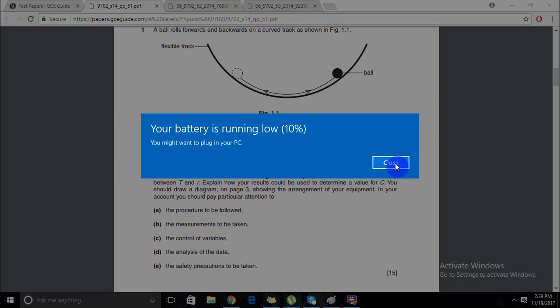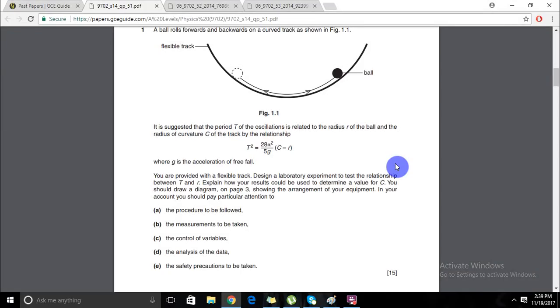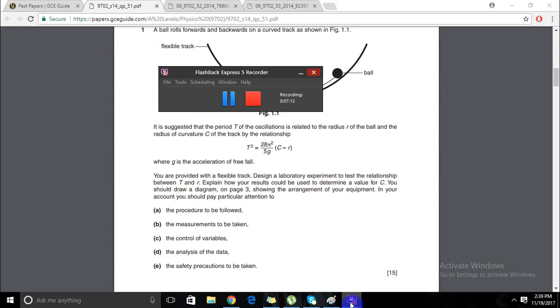Remember, this is a 15-mark total question. Right, so the first thing to do with such a question is to identify the types of variables. And there are 3 types of variables: independent, dependent, and controlled.